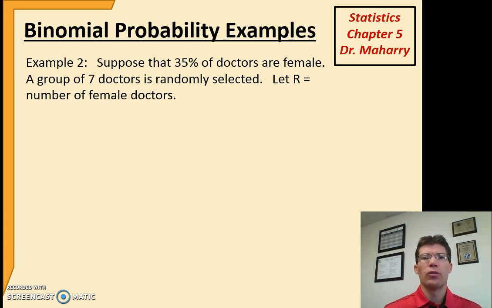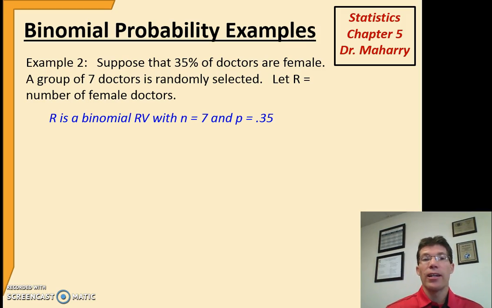A second example: suppose 35% of doctors are female, and we randomly select a group of 7 doctors. Let's count how many of those 7 are female. I can think of r as a binomial random variable. I'm going to randomly select 7 doctors, so there are my 7 trials, and each time I select one, there's a 35% chance that doctor is female.